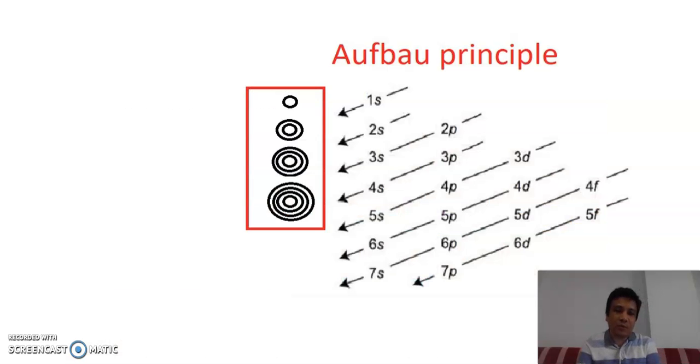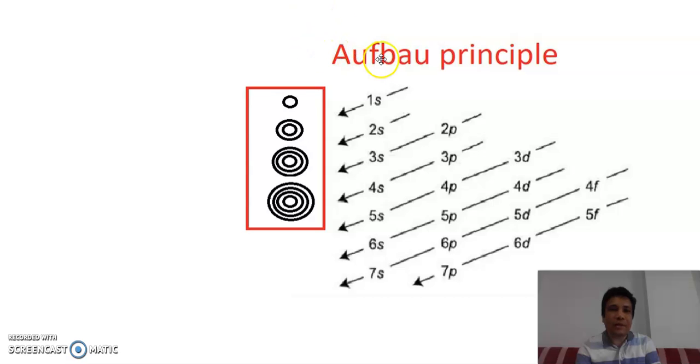To describe those things, we have to know the electronic configuration of the elements. To describe it, we have to know the Aufbau principle. Simply I can say, the electron goes to the lower energy state first, then goes to the higher energy state.